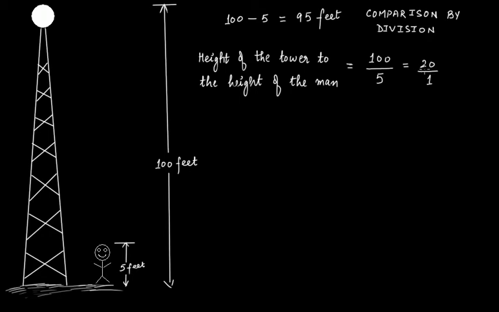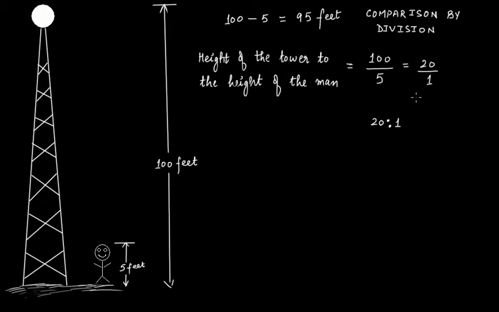Why? Because after simplifying it, it comes to 20 over 1. This tells us that the height of the tower to the height of the man is 20 ratio 1. This can be written as 20 ratio 1.